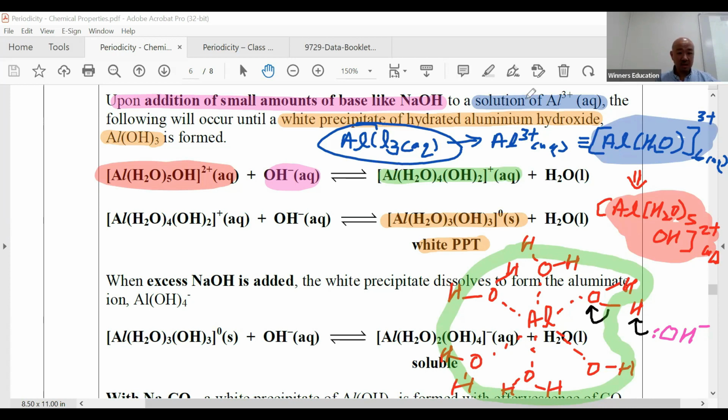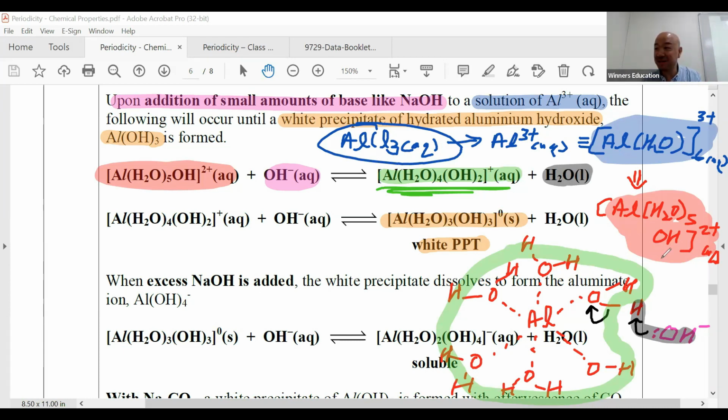Can see, everyone? Let me show you where the water is. The water is here. So right now, that red, the big thing there, the aluminum got how many water? The green color here, right? You got how many H2O? Still got 4.